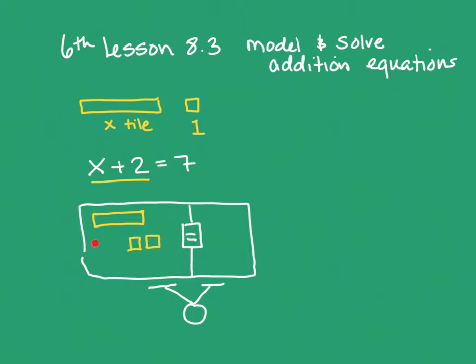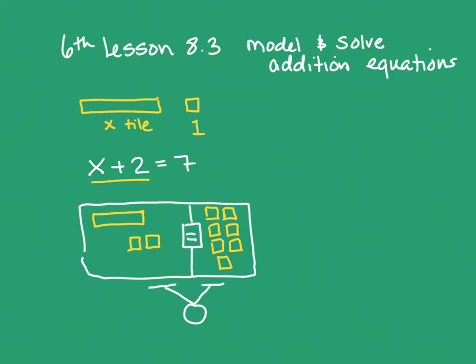So this represents X and also 2 more. That's the modeled version of this. Over here, we're modeling 7 ones. So we're going to put 7 of these. So here is the modeled version of x plus 2 equals 7 using algebra tiles. X plus 2 more equals 7. That's how they want you to do modeling it.